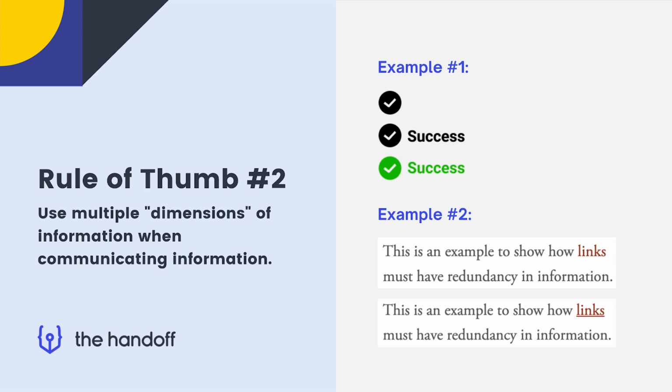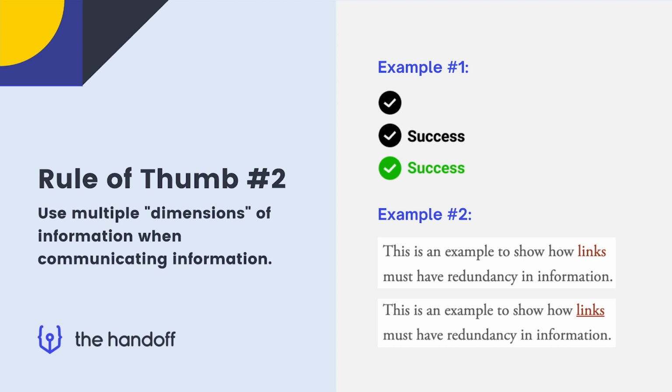In the second one, which is a little better, we have an icon and text that says success, which is better, and then at the very bottom we have an icon, text, and color. So three different dimensions of information, which is the best. Of course, in certain cultures, especially in Eastern countries, the meaning of different colors might vary. There might be different ways of representing information that are different than here in the US.